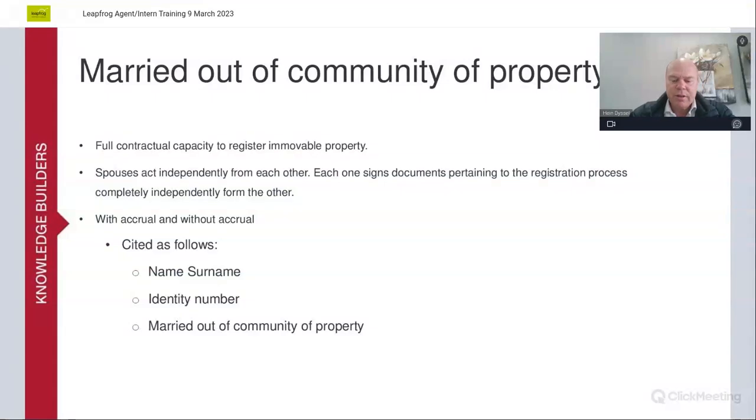So then the parties are cited with the full name, ID number, and married out of community of property. That is how they are cited at the deeds office and on the transfer documents that he or she will sign. Obviously, if they own a property together, then yes, of course, they both will sign, but it's purely because they both own the property. It's not because the one is consenting to the sale, not at all.